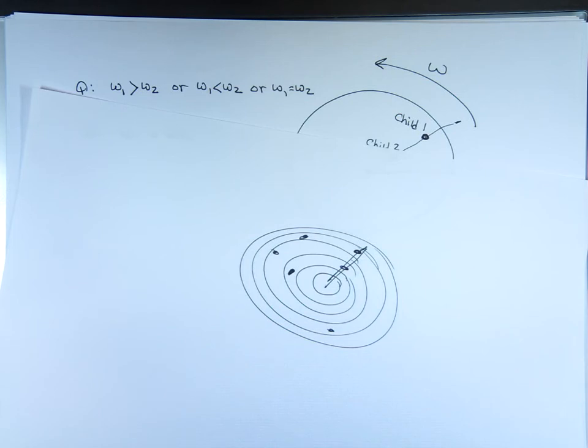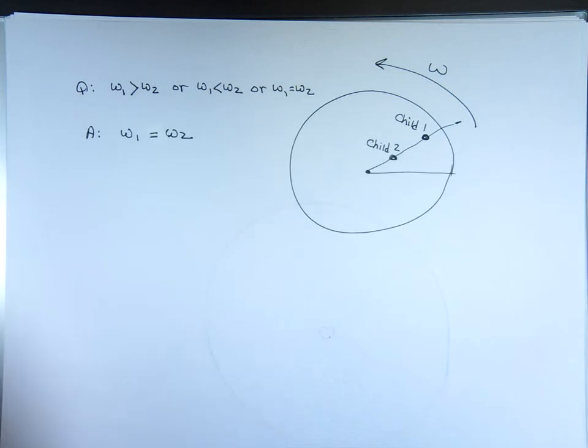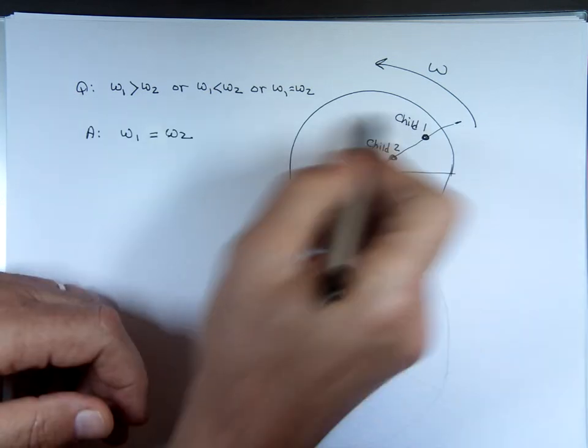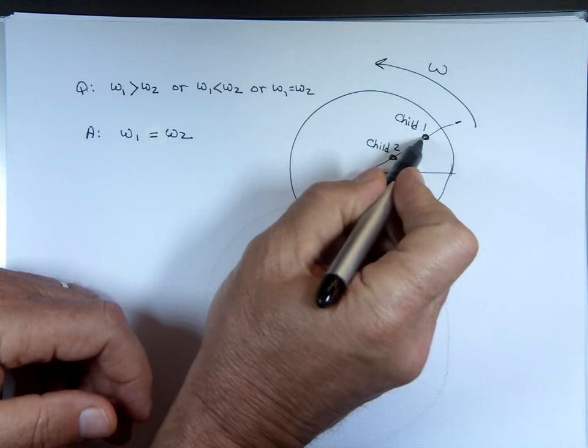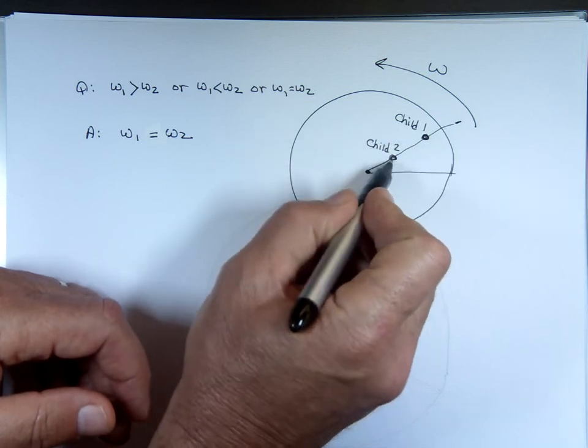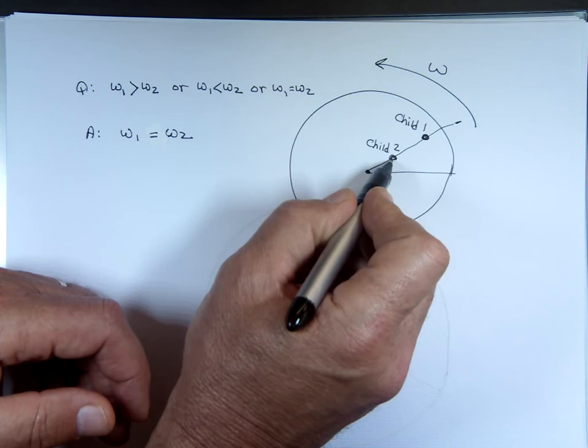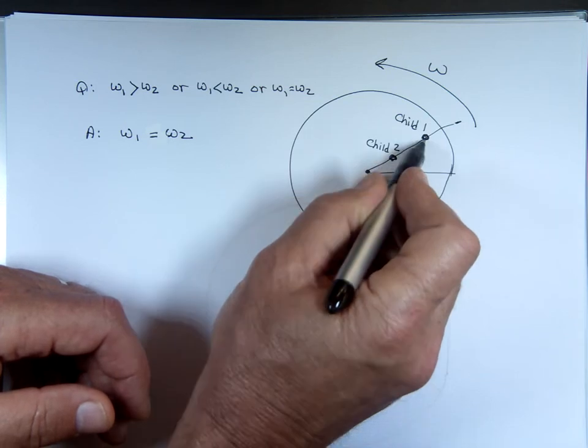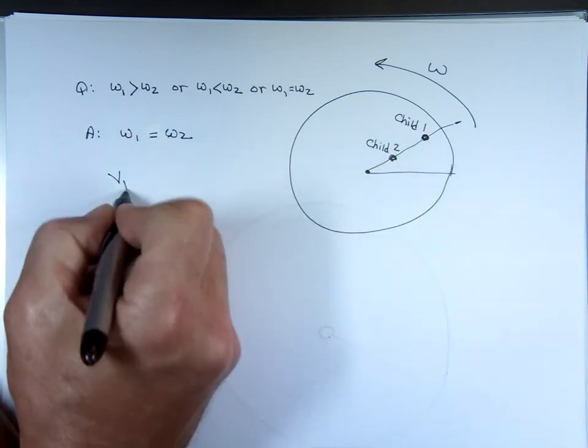You say, well, but this one has to cover a bigger distance around. You're right, it does. That means the linear velocity, v, for the child on the outside is much greater than the linear velocity for this one. Because v for 1 equals R1 times W1.